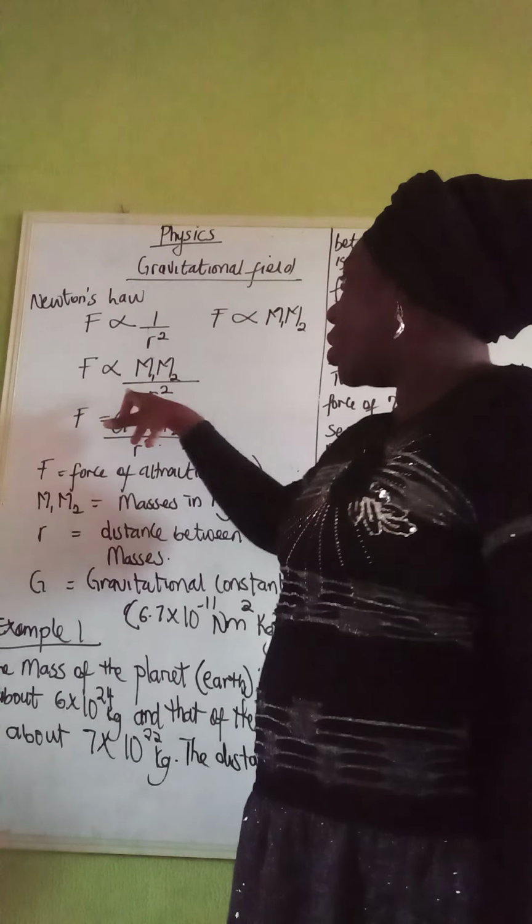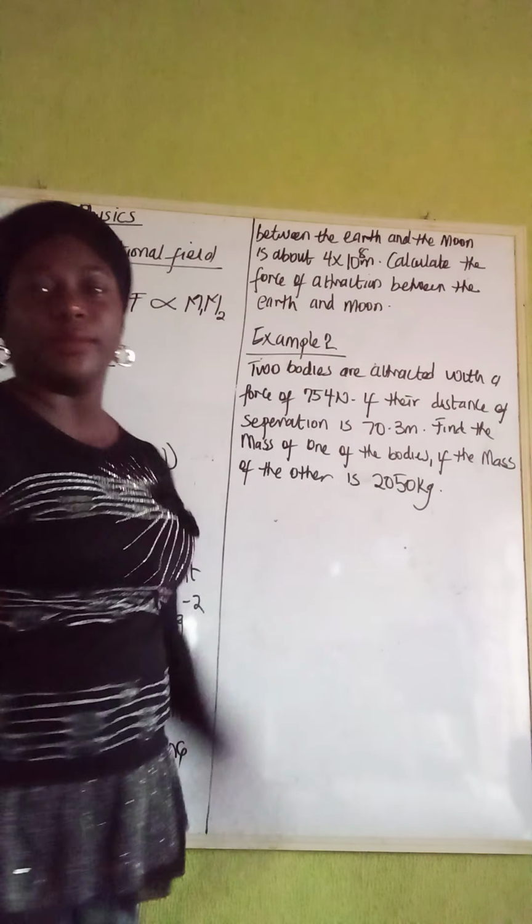The distance between these two objects, that is the Earth and the moon, is 4 times 10 raised to power 8 meters. Now we are told to calculate the force of attraction between the Earth and the moon.